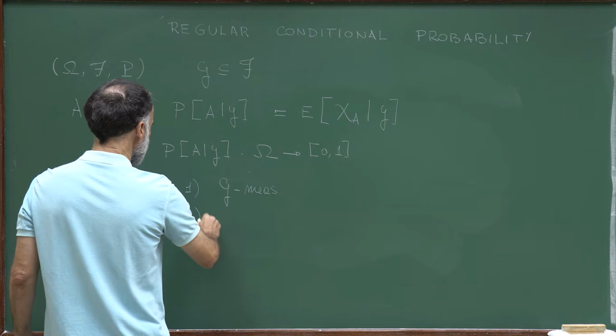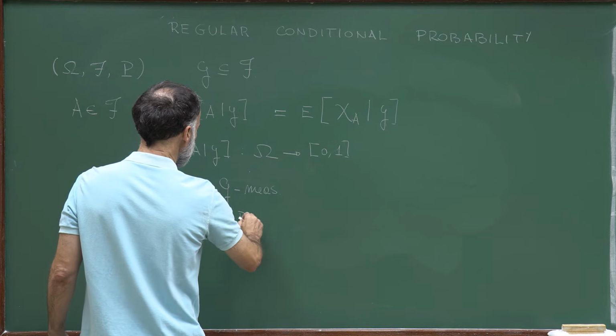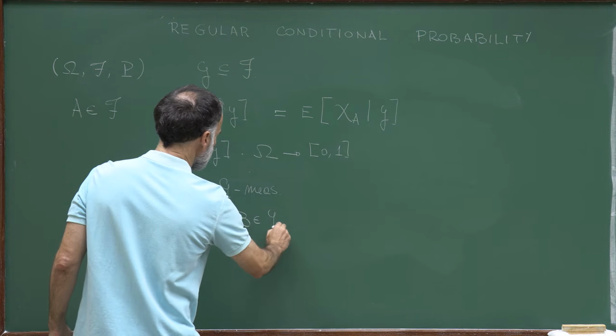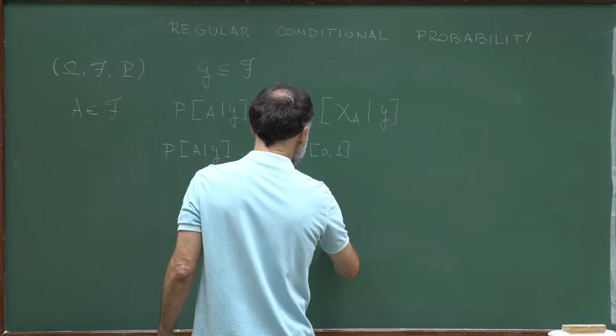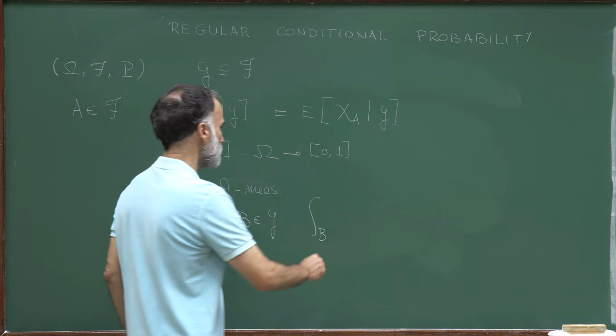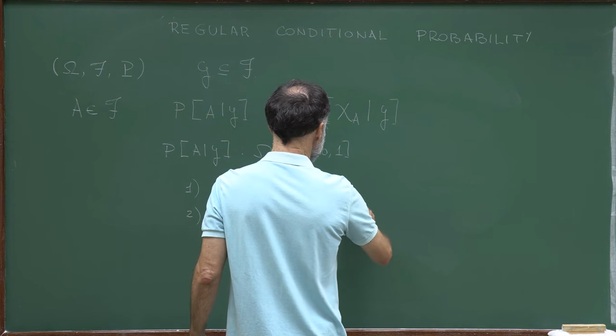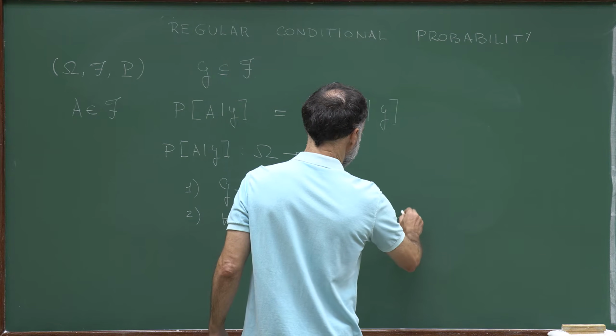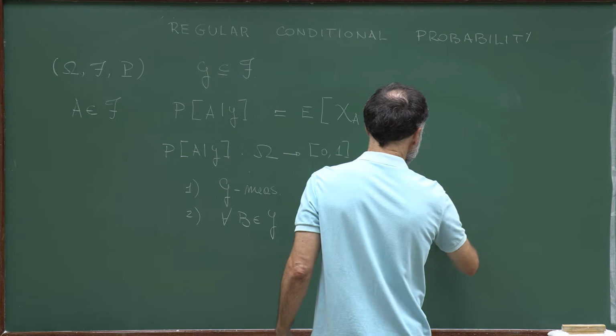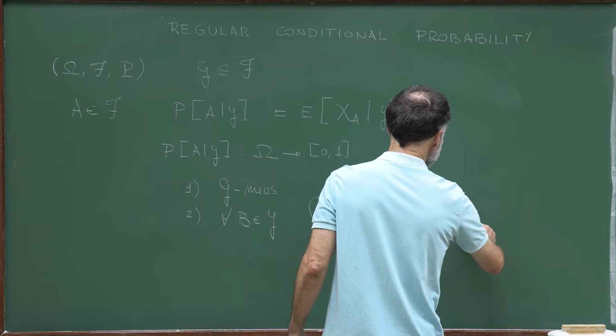And second, for all sets B in G, the integral over the set B of this conditional probability is equal to the probability of the intersection.